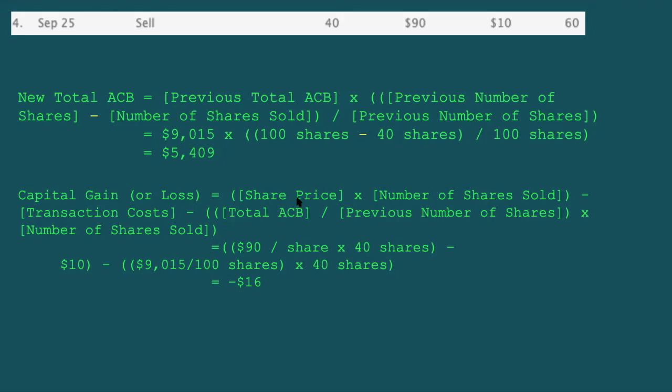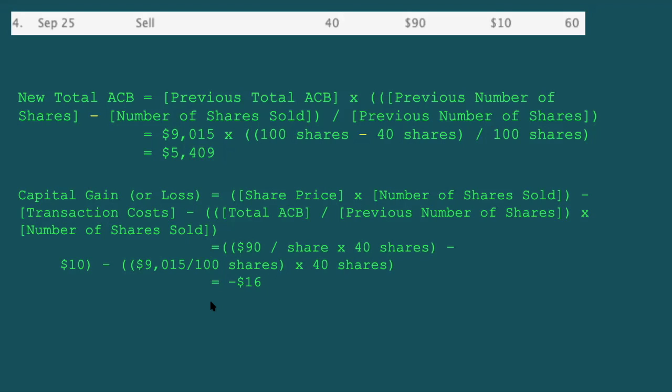The share price, which was $90, multiplied by the number of shares sold, which were 40 of them, minus transaction costs, and in this case, they keep having a $10 transaction cost, minus the total ACB, and the total ACB was $9,015, divided by the previous number of shares, which was 100, multiplied by the number of shares sold, which was 40, and in this case it comes out to a negative $16, so therefore a loss took place in this transaction.